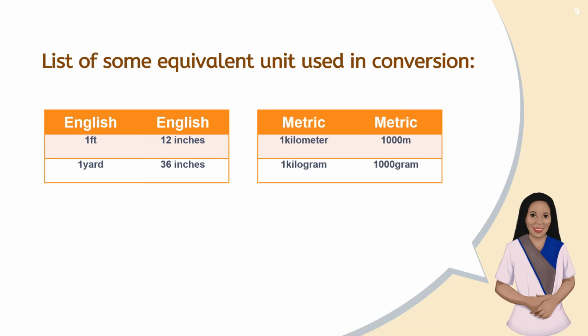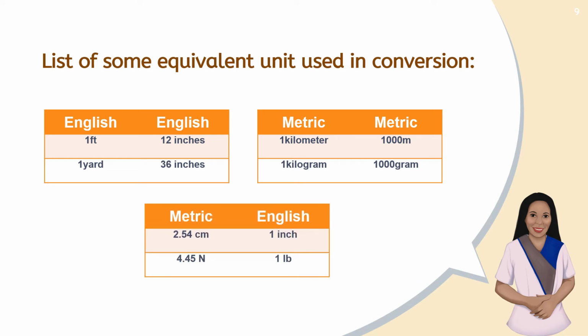We also have metric to metric conversions: 1 kilometer is 1,000 meters, and 1 kilogram is 1,000 grams. And we also have metric to English or vice versa: 2.54 centimeters is equivalent to 1 inch in the English system, and 4.45 Newton is equivalent to 1 pound.